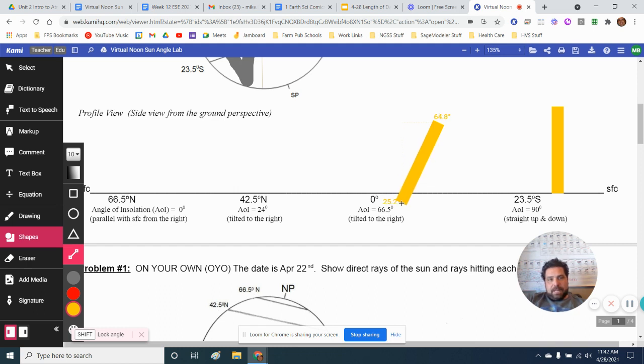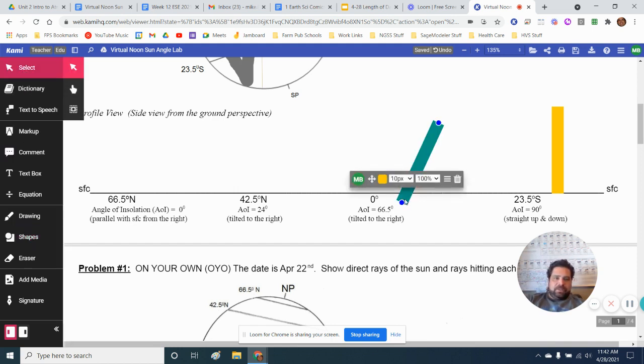So this is 65 or 66.5. What angle did I do? Did I do 65? I did 65. I want 66.5. Pay attention, everybody. 66.5 is what I want. That's 66.6, close enough. So this angle is 66.5, and it's striking the surface of the Earth.